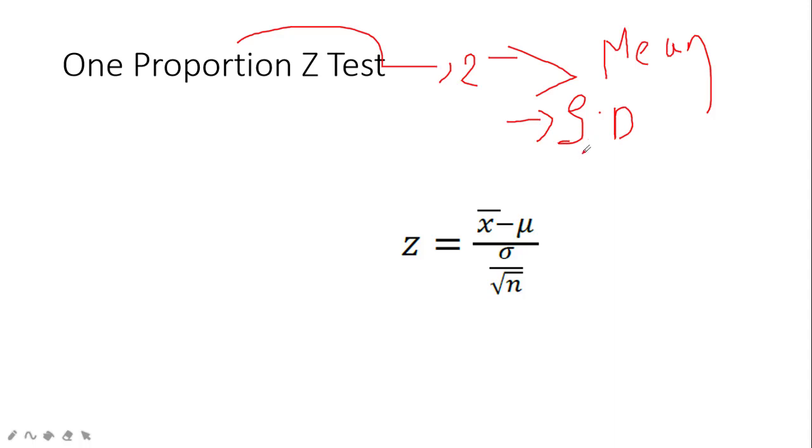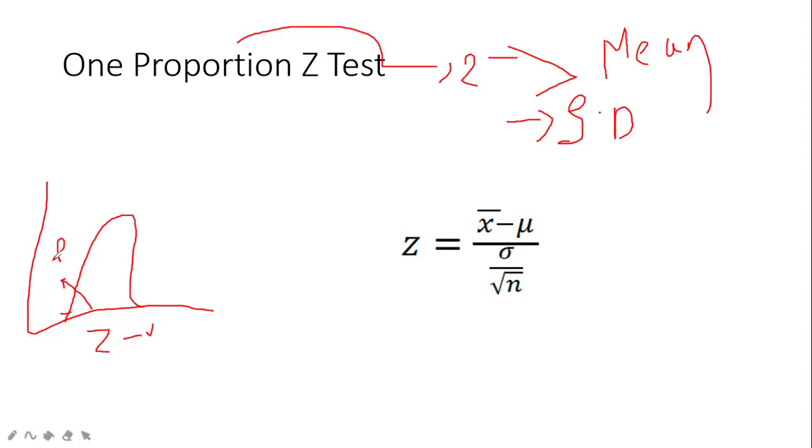Whenever we use this, we use tables for mapping, where we have the Z values, and then the probability, because in statistics it depends upon your probability.